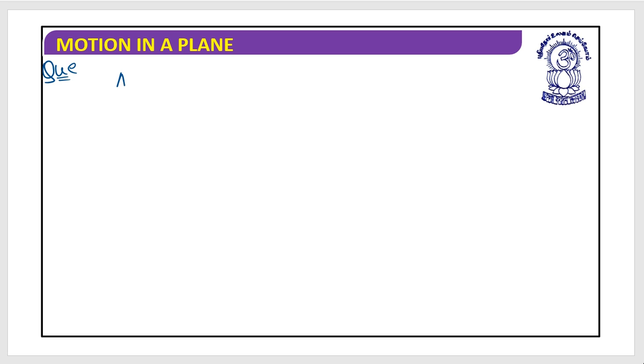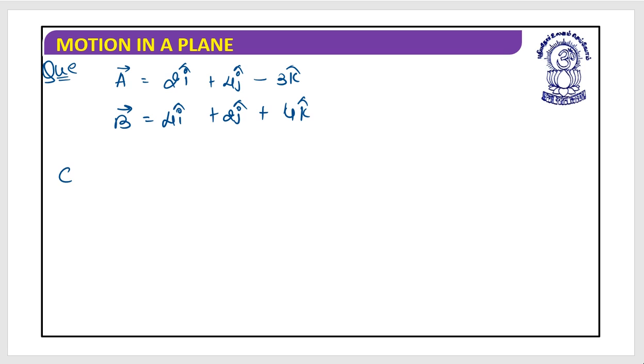The question says that vector a is 2i plus 4j minus 3k. Vector b is 4i plus 2j plus 4k. And let's say that c equals 2a minus 3b.